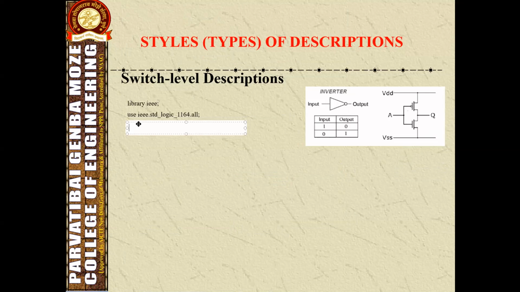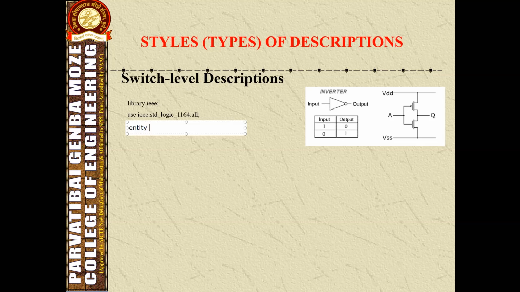After declaring the library, we begin with the entity, and the name of the entity is inverter, and assign the ports of the inverter. There is one input A and one output Y, and the output is assigned by using out, which is a standard logic type. Standard underscore logic data type. What is the meaning of standard logic data type? I have explained in the data type lecture.